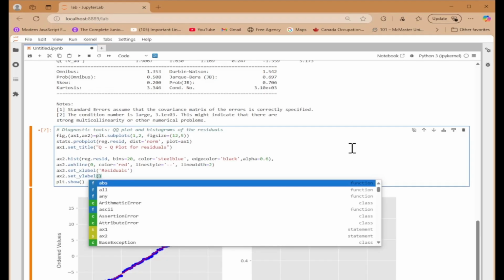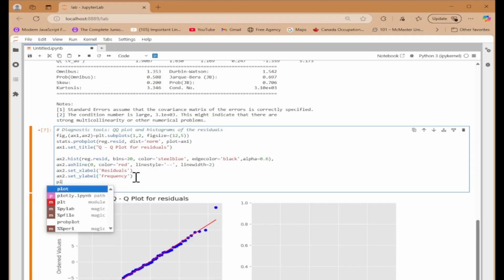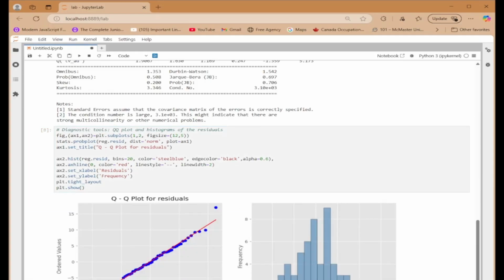Frequency. Okay, x label, y label, plt.tight_layout, plt.show. So this should show the histogram plot as well. Shift enter. You see, now you can see this histogram well shaped.